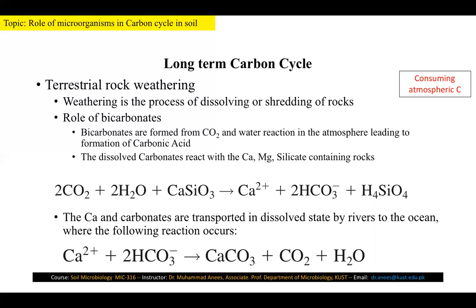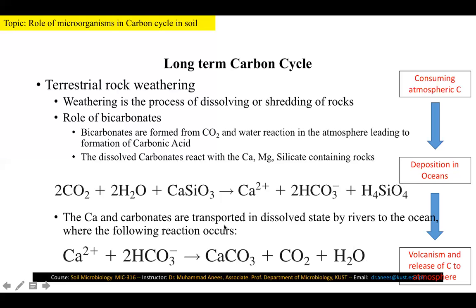So if we briefly describe the long-term carbon cycle, it starts with consuming atmospheric carbon by making carbonic acid. It comes down to the weathering of rocks, and then it leads to deposition of calcium carbonate in the oceans, as we discussed here.